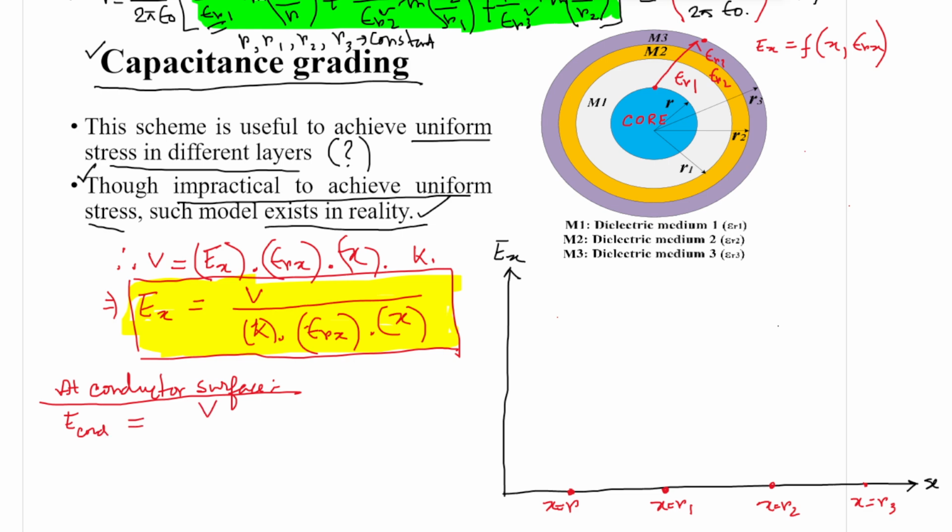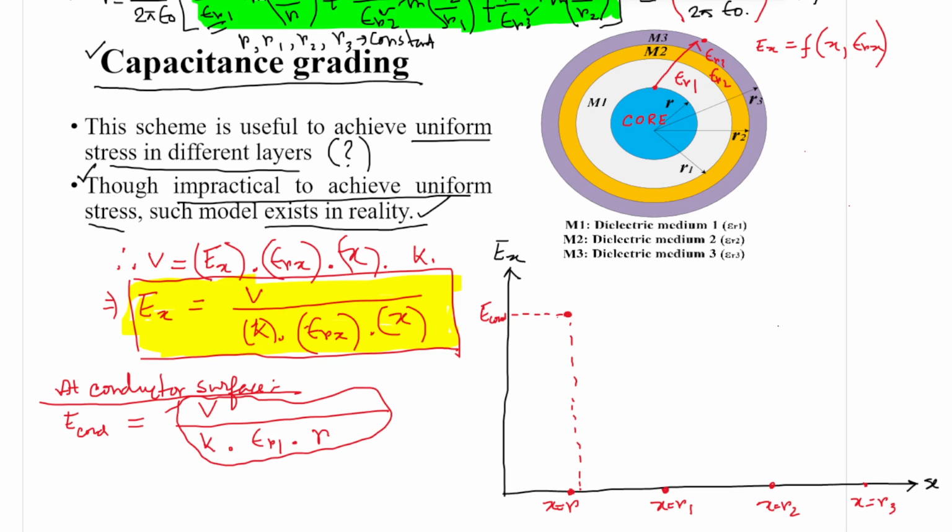It will be V constant, K constant, where epsilon Rx becomes epsilon R1 and x becomes smaller, r. This is the expression of E conductor. So this much electric stress occurs on the conductor surface, given by this formula.